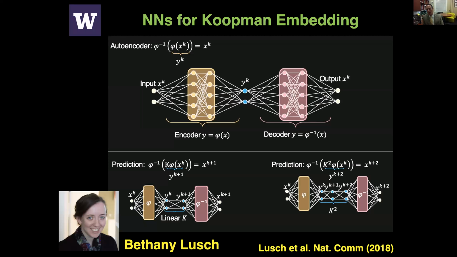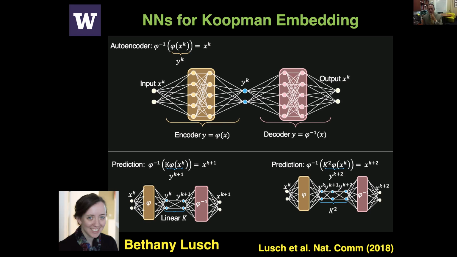Part of what I want to start talking about is this idea of using neural networks in autoencoder structures. An autoencoder is something like what you see here. You're going from an input space to a new space. Let's call your input x, your state variable x, and you're going to make a coordinate transformation to a new variable y.